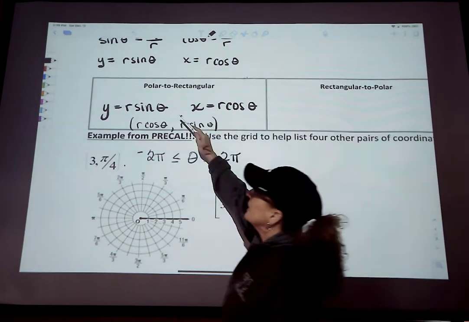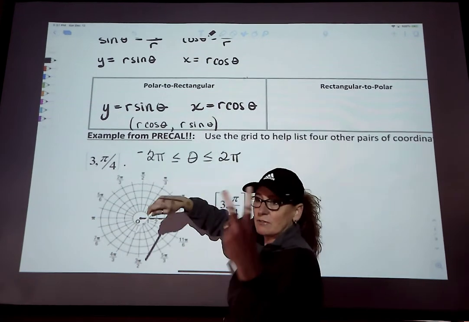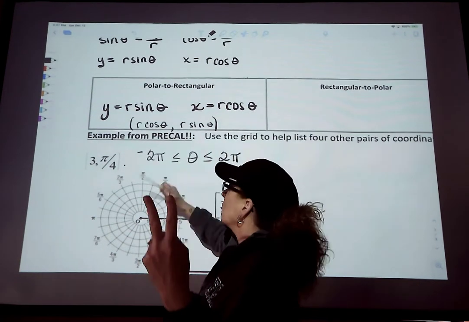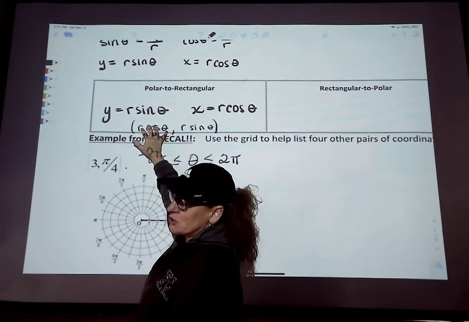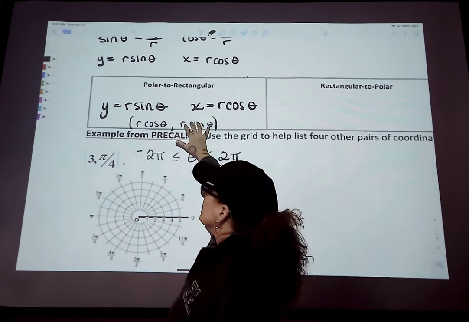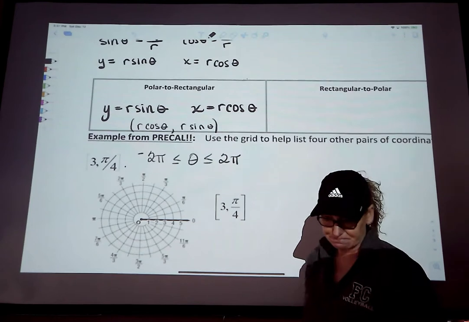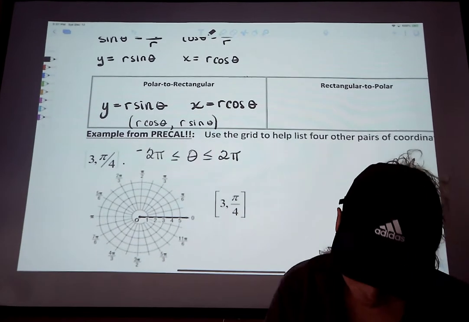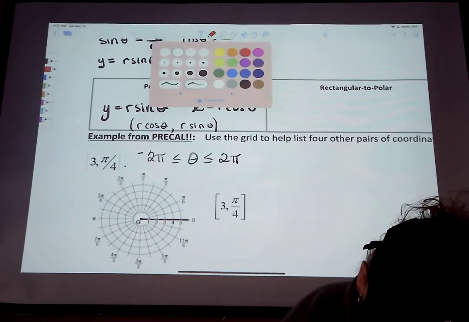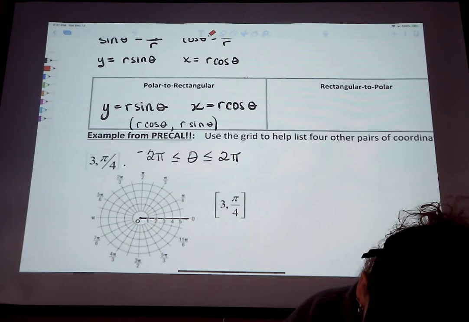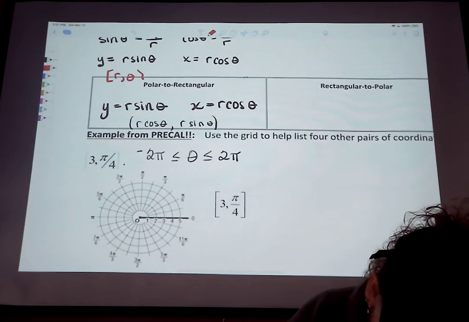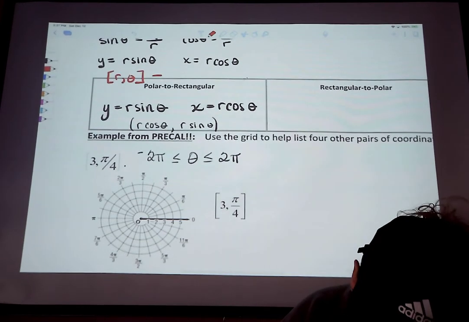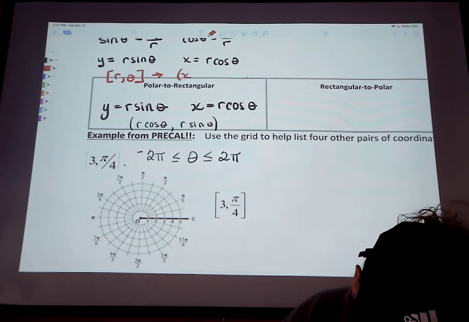So if ever you're in polar form, you've got the radius, you've got the angle of rotation, and you want to convert it to rectangular form, you're going to do this math to get your x coordinate, and this math to get your y coordinate. Polar to rectangular, so that's r comma theta to x comma y.